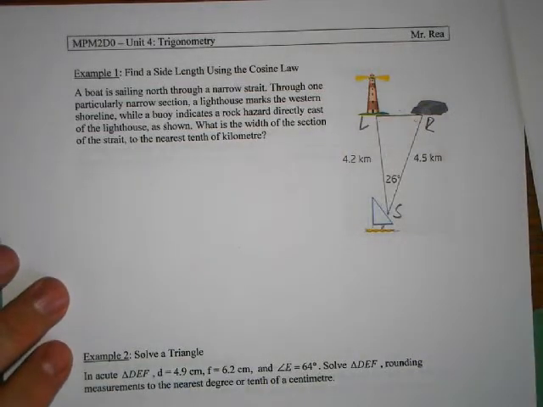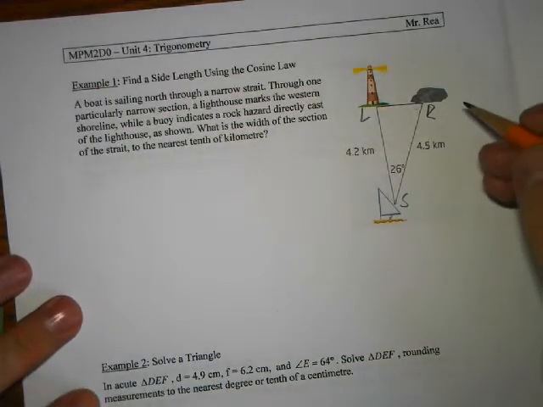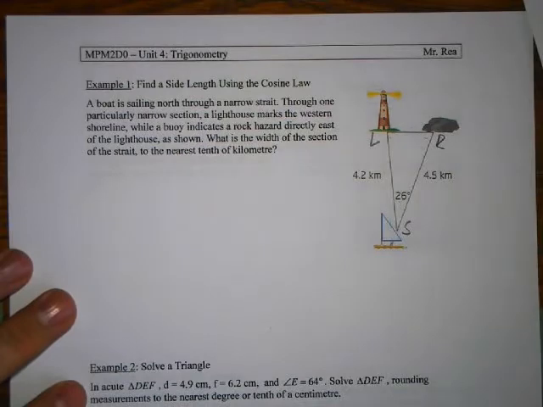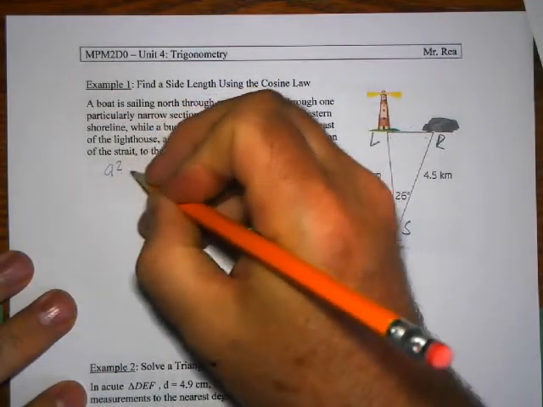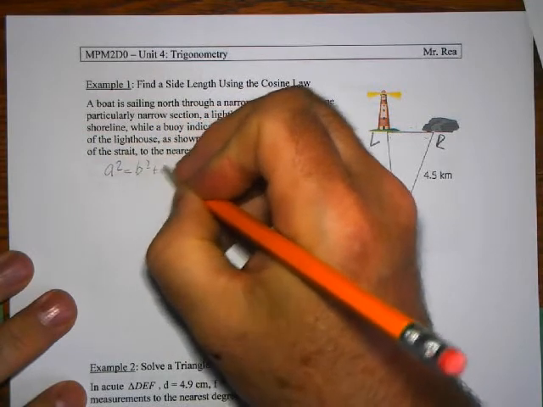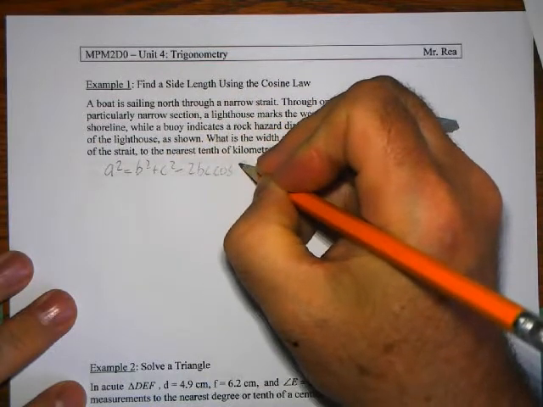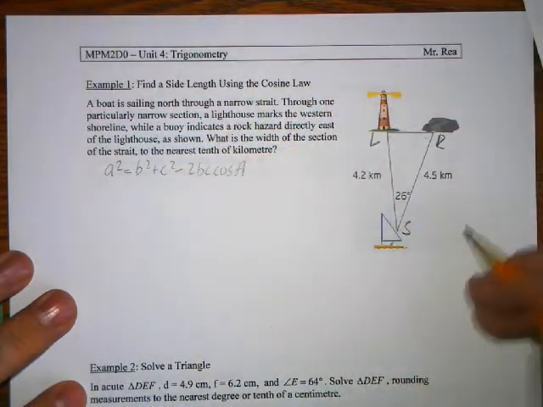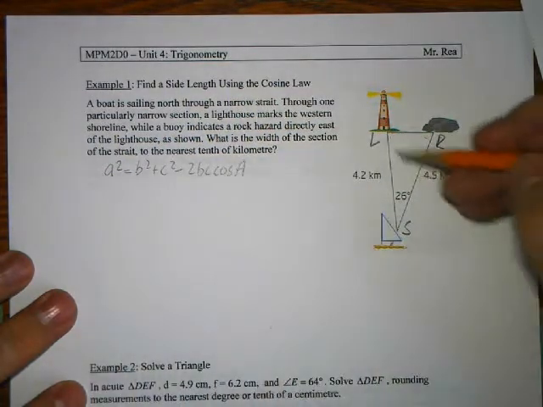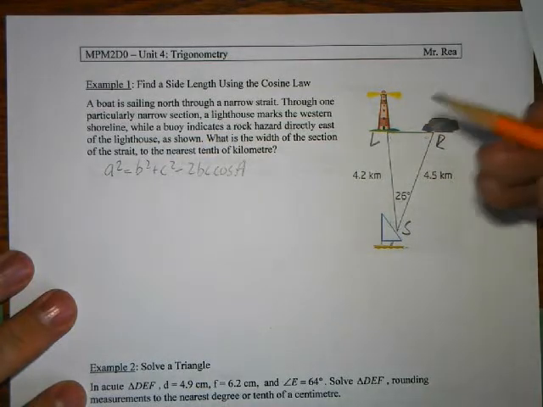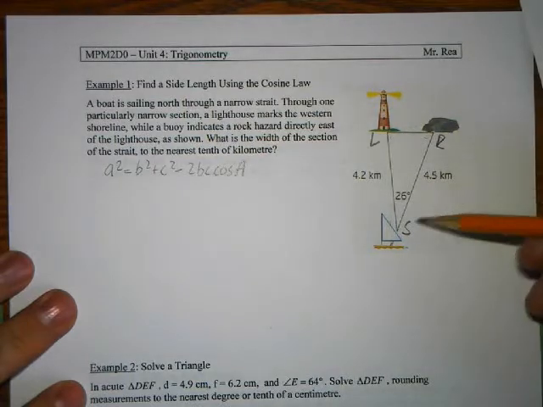Okay, now what I usually do, at least when you're getting started with this, is write out the cosine law as it's given, right? So a squared equals b squared plus c squared minus 2bc cosine A. Now these have nothing to do with ABC, so we basically have to switch ABC for L, R, and S. In this case, we know two sides and one angle.